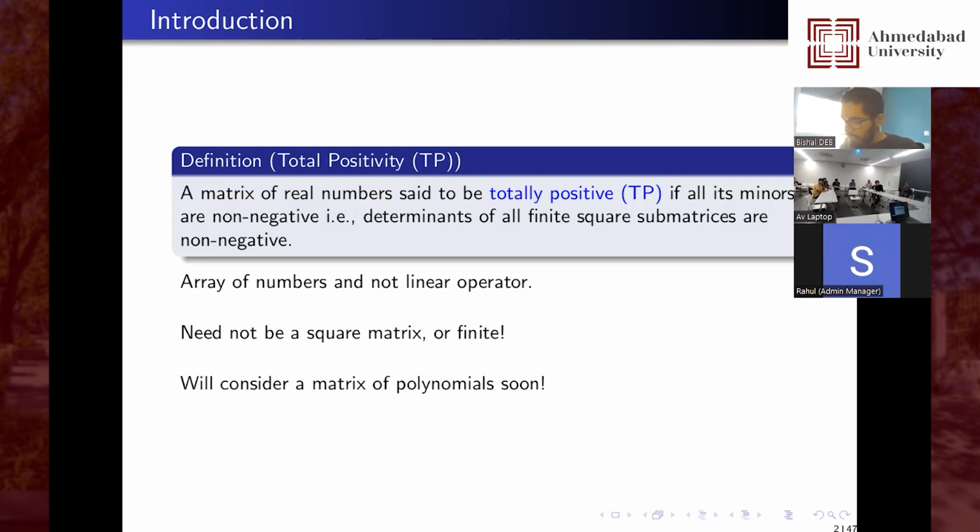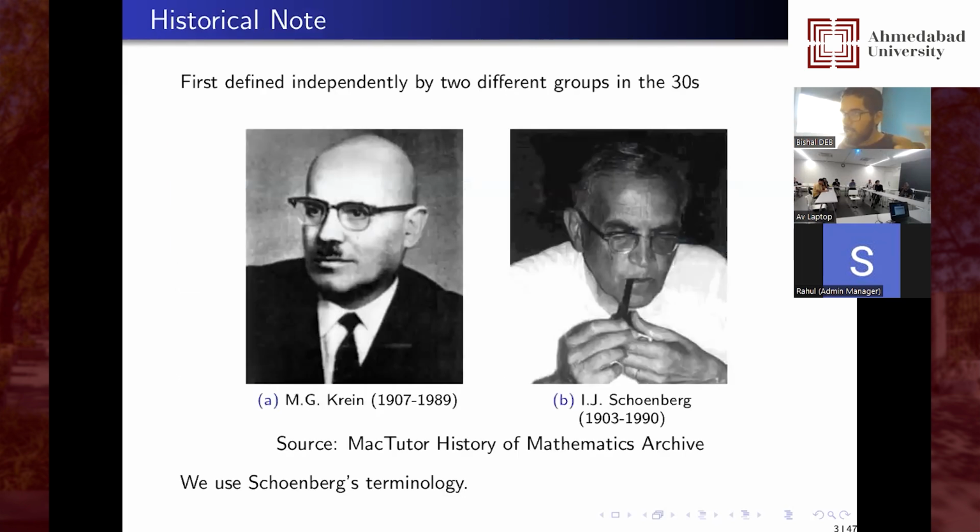So you might ask, why would somebody come up with this bizarre property? Well, it was independently discovered by two different groups in the 1930s who were not aware of each other's work at that time. There was Krein and his school, and they were studying problems coming from classical mechanics. And Schoenberg and his school, they were looking at distribution of zeros of polynomials on the complex plane.